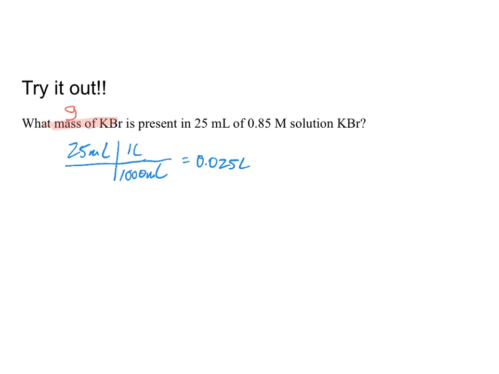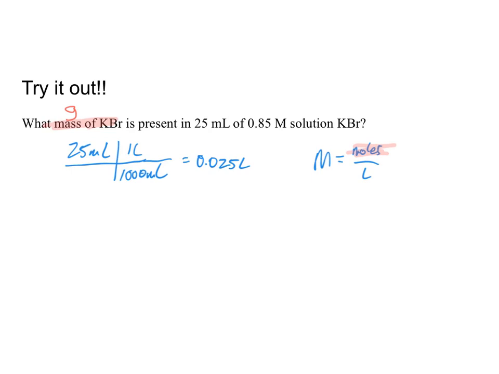Now at this point, using the molarity equation, let me write that out again: moles divided by liters. If we find moles here, then we can change that into grams. But how do I solve for moles?